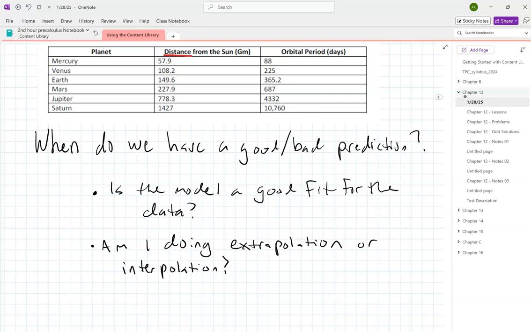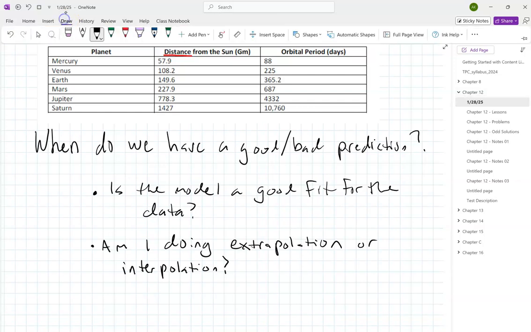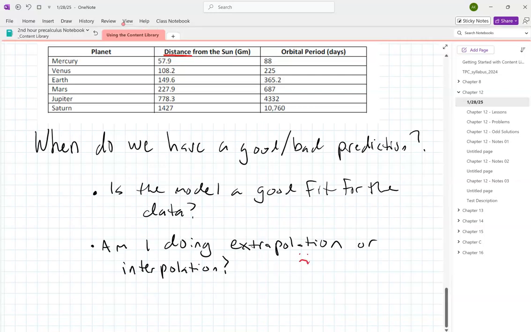The next thing I'd want to check is to see if I'm doing extrapolation or interpolation. Do you guys recognize these two words? Extrapolation is the bad one. Interpolation is the good one. So extrapolation is where you're making a prediction for x's that fall far outside of your data set.